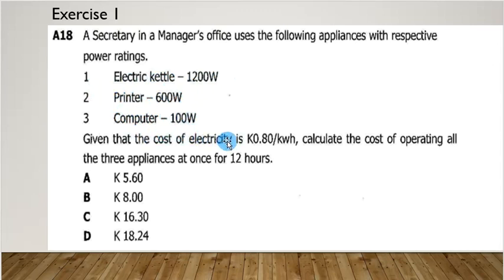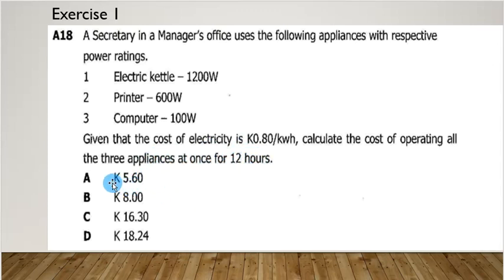Given that the cost of electricity is 0.8 kwacha per kilowatt hour, which is a unit of electricity, calculate the cost of operating all 3 appliances at once for 12 hours.